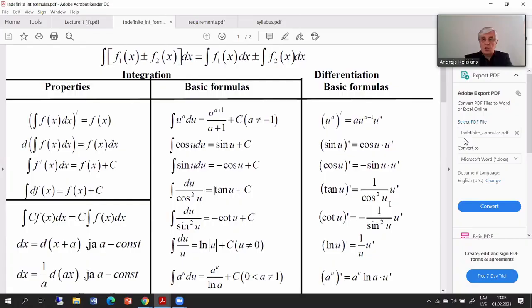And it shows the different integration methods that will be discussed later: integration by parts, integration of rational and trigonometric functions, and so on. So my strong advice is to have it with you all the time when we solve problems, and it will be a very good idea if you print it out and have it.